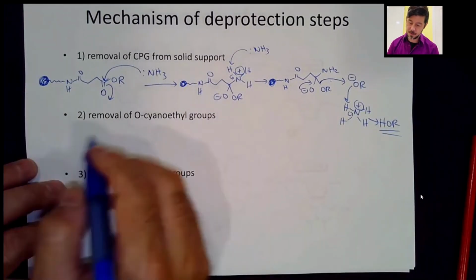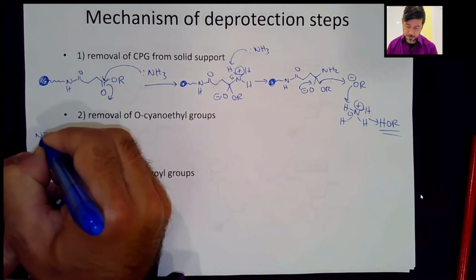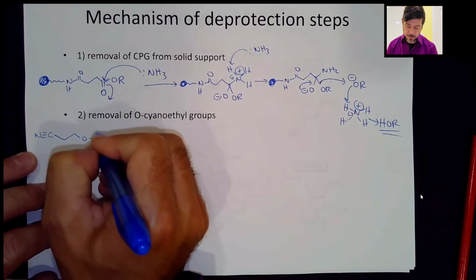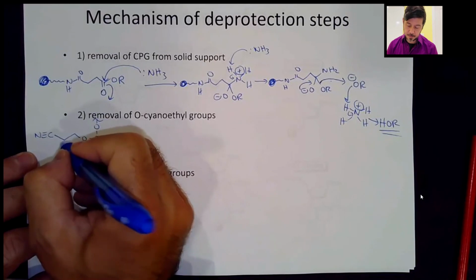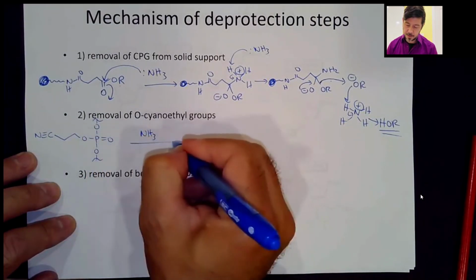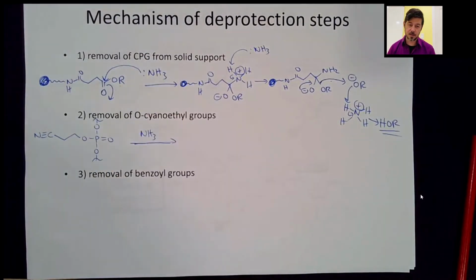The second thing that's going to happen is the removal of the O-cyanoethyl groups. Here we have our ammonia, and this one is a little different. We've seen ammonia act as a nucleophile, but as we've shown with the proton transfer step, it can also act as a base.